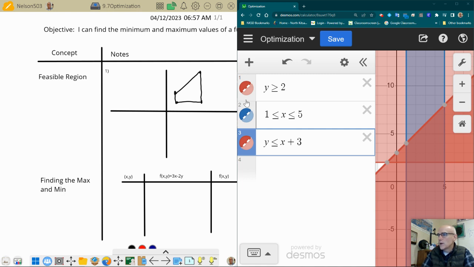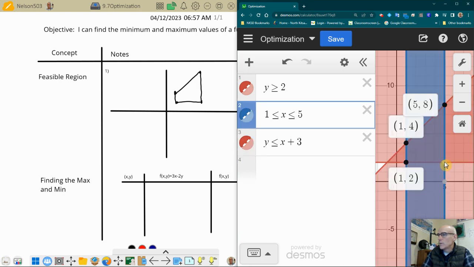So shoot, they turned off on me. 1, 4. So 5, 8, 1, 4. We want all these points right here. 1, 2. You might have to double click on them. 5, 2. So let's see if it'll stay over there once I start writing. It might not stay over there. Oh, good, it did. 5, 2. And then we've got 5, 8. And we've got 1, 4.